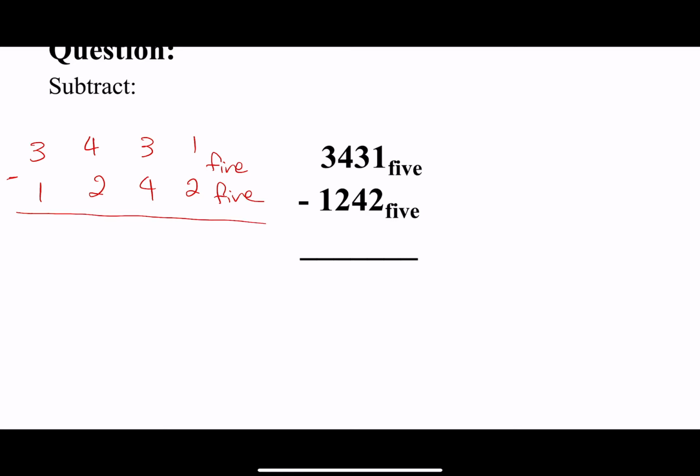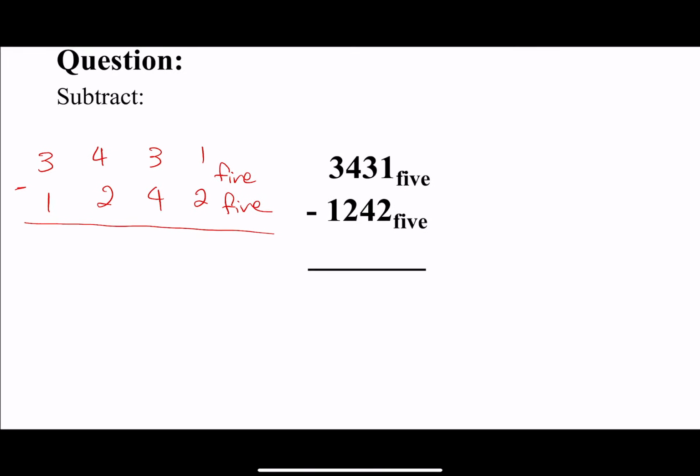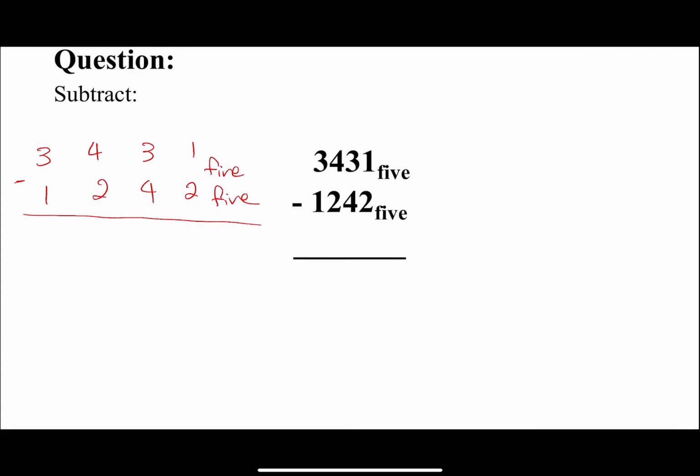The column on the right, 1 minus 2. 2 is bigger than 1, so I'm going to borrow. I borrow from the next column, from 3. So 3 becomes 2. It gives me a group of 5. Why? Because we're working in base 5. Now, 5 plus 1 is 6. 6 minus 2 is 4. I'm going to write down the base.